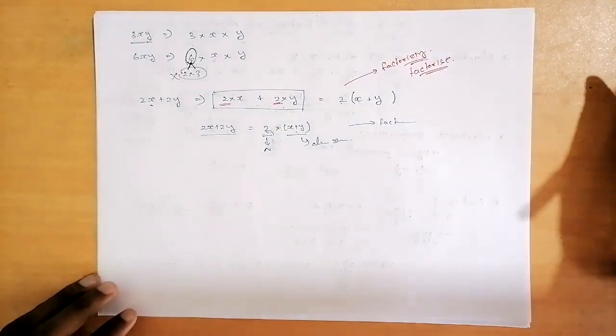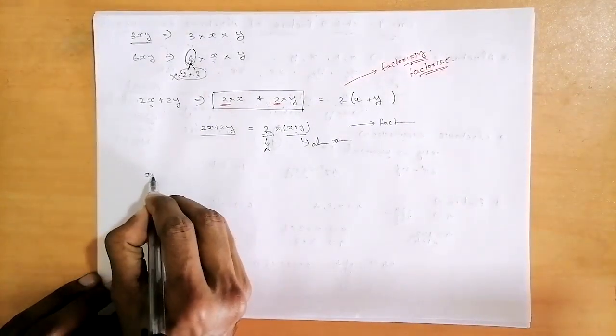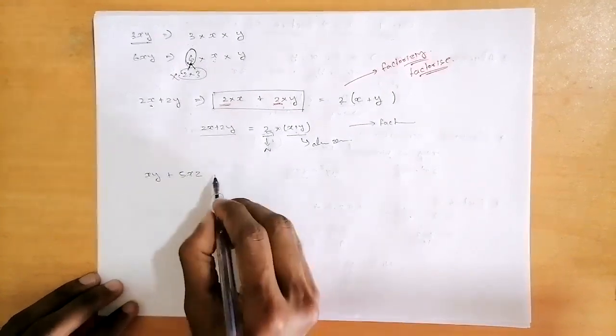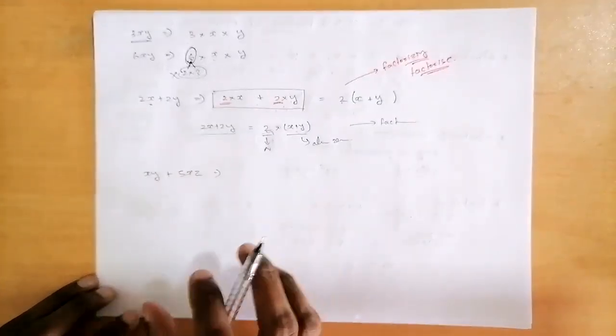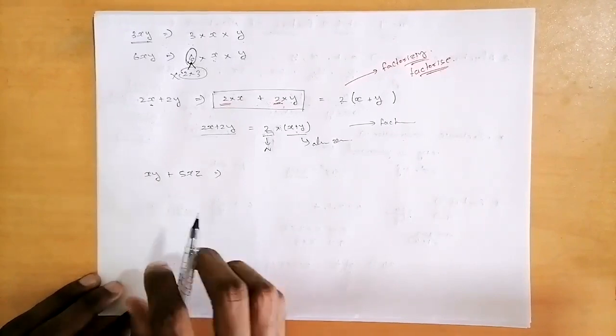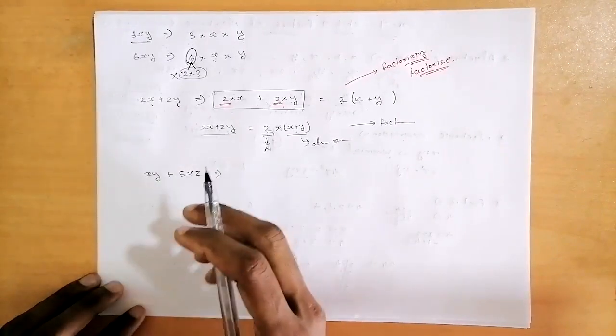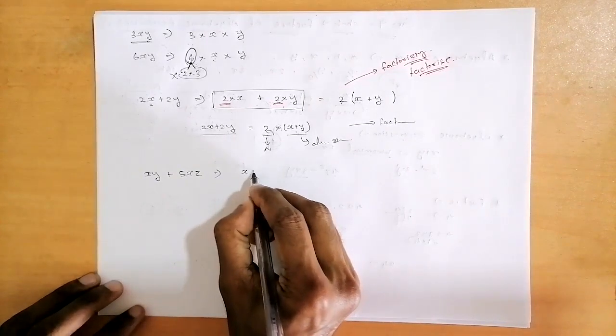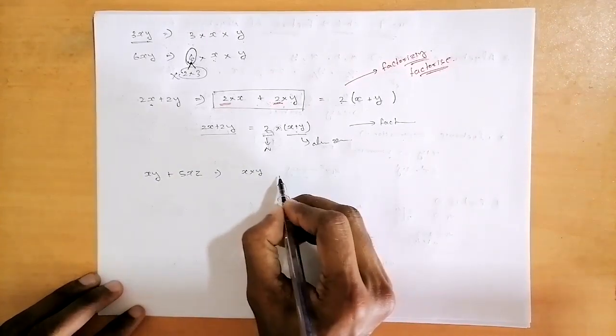Okay, let's take another example: xy plus 5xz. These steps are not for your answer, they are for your knowledge. What is happening there? xy, we write as single terms, x and y.